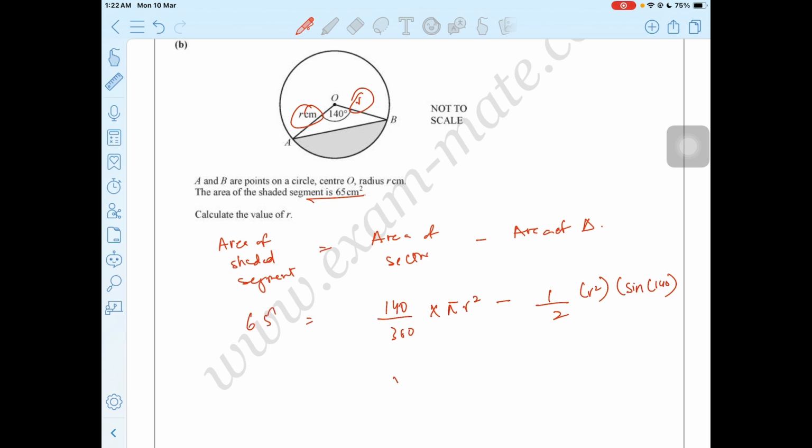Let's just quickly take R square as common over here, so this would be 140 over 360 would simply cancel, so this would be 7 over 18 pi minus sine 140 multiplied by 0.5 would be 0.32, right? So this would be 7 upon 18 pi minus 0.3214.